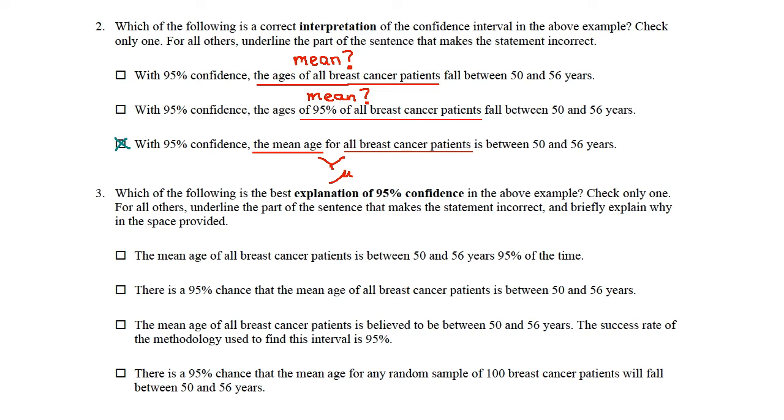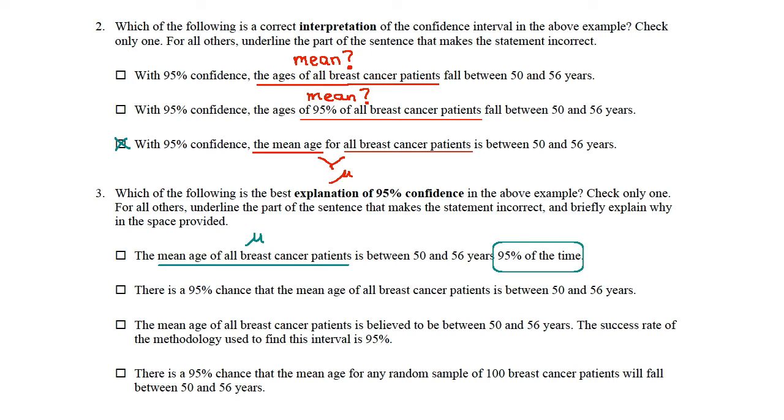The first statement, the mean age of all breast cancer patients, so at least this is a statement about mu, so that's good. That's mu. Is between 50 and 56 years, 95% of the time. Well, mu isn't changing, right?